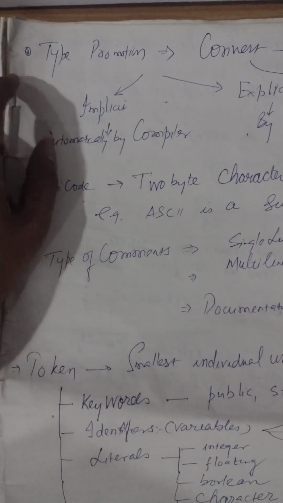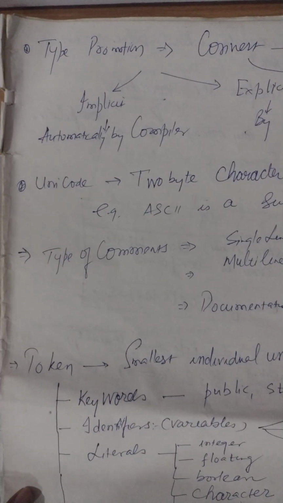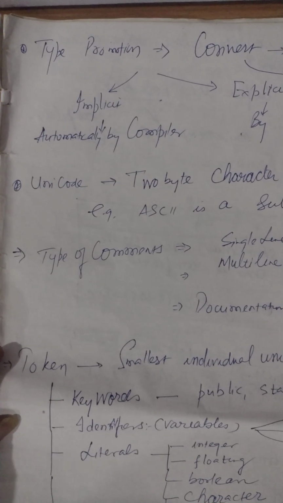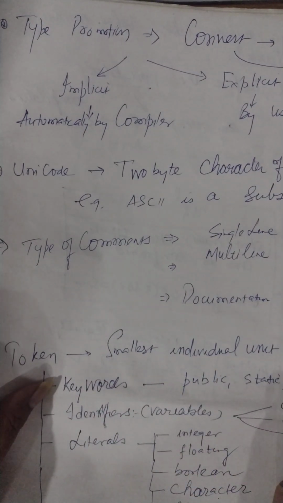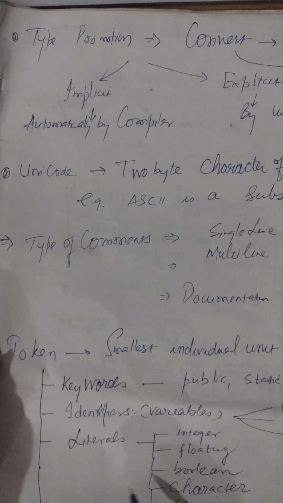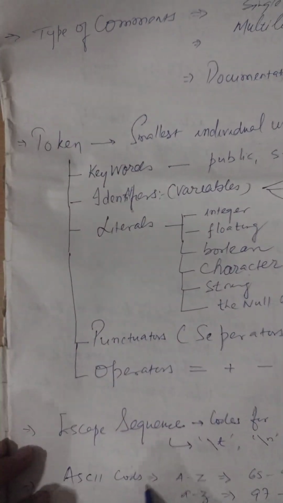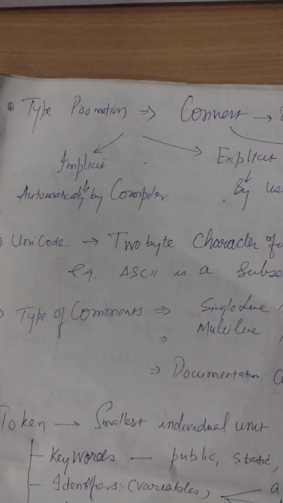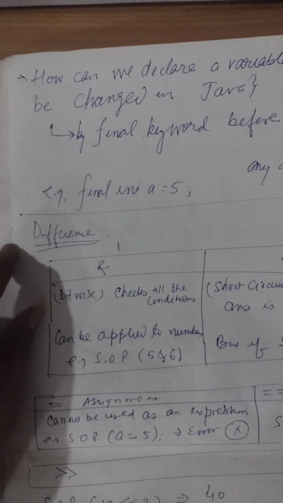Then the definition of type promotion, Unicode, types of comments: single line, multi-line, documentation comments. What is a token? Token is the smallest individual unit in a program. So it consists of your keywords, identifiers, literals, punctuations, operators, and all these things. Escape sequence, how it is done, and ASCII code. So the basic concepts of object oriented programming are written over here.